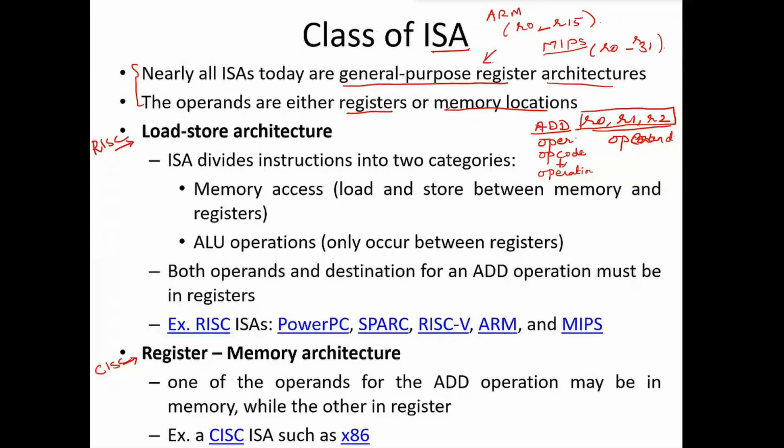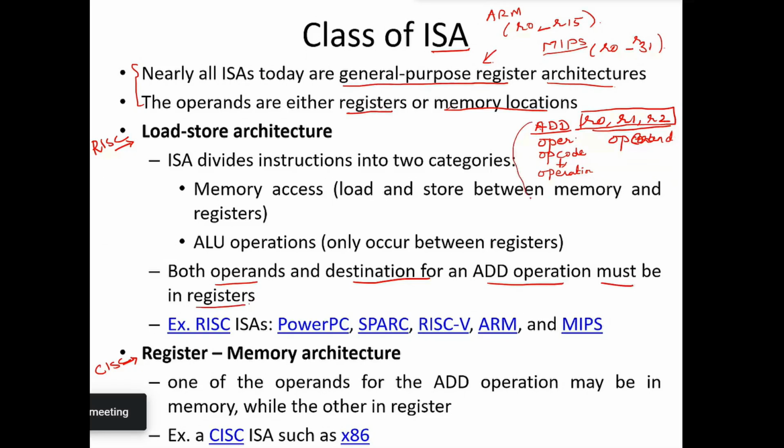What is happening is, in most cases with load store architectures, whatever operation it needs to perform, all those operands should be in the registers. That is very important. Both the operands and the destination, for example in an addition operation, must be in the registers.